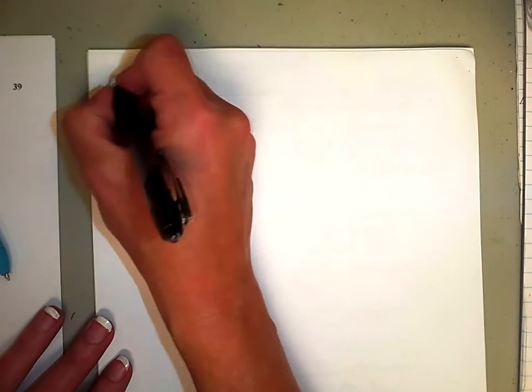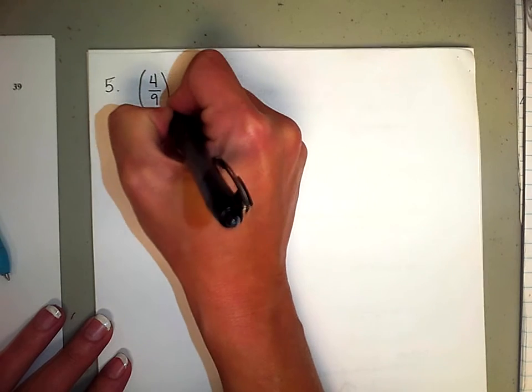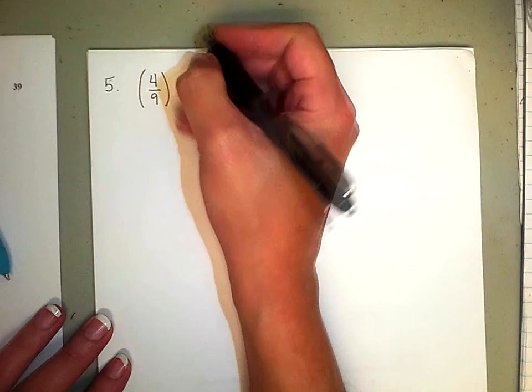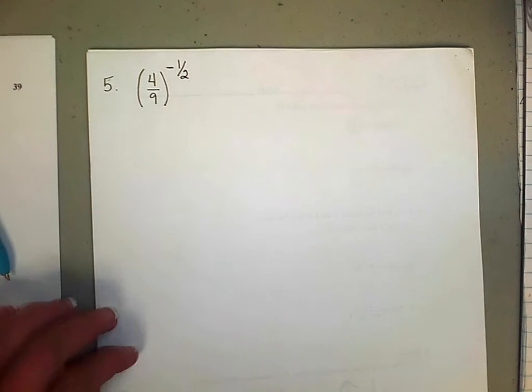Okay, let's make it a little more complicated. In number 5, we have the quantity 4 over 9, and we're going to raise that to the negative 1/2 power.